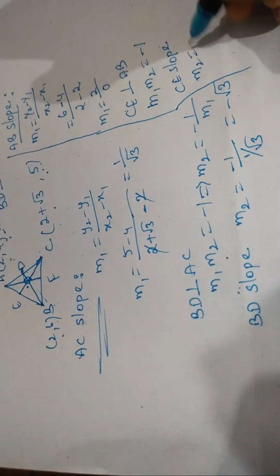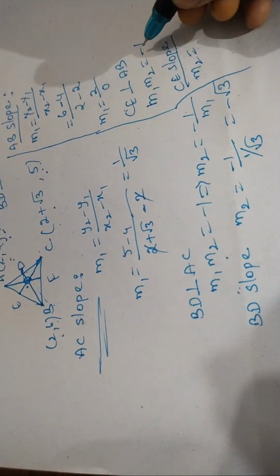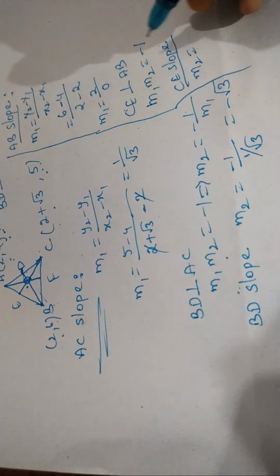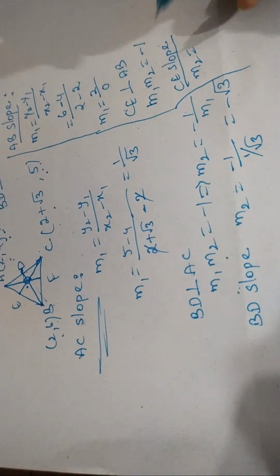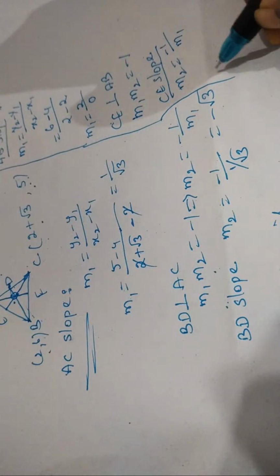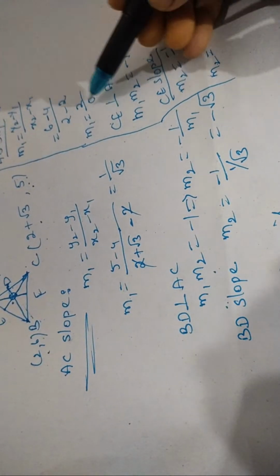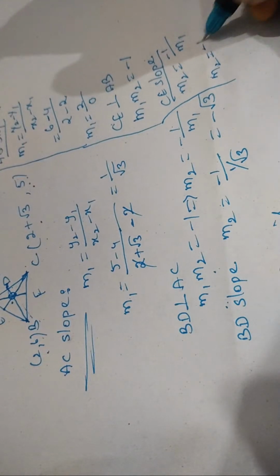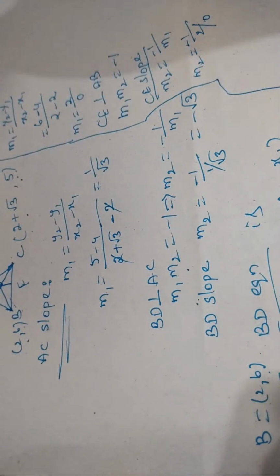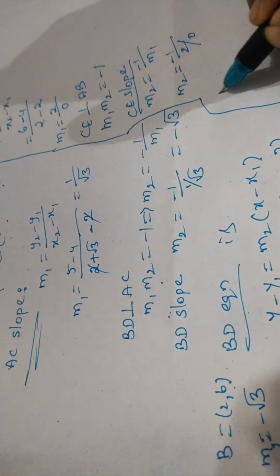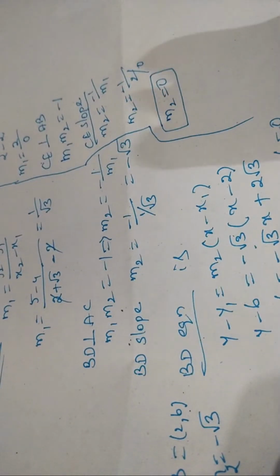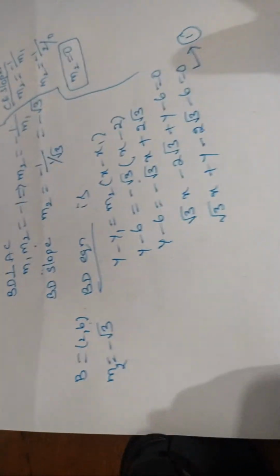M2 is equal to, send M1 to this side, it will become the denominator. So we write minus 1 by M1. What is the M1 value? M1 we got 2 by 0. So minus 1 divided by 2 by 0. Now what is the M2 value? 0. So the CE slope is 0.